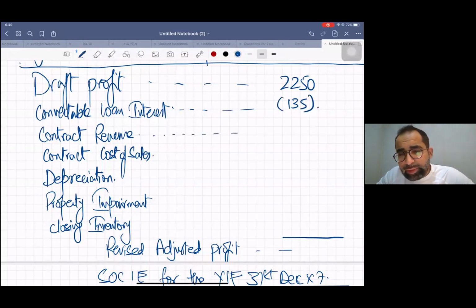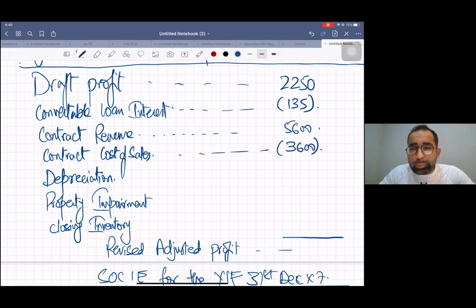In the second adjustment, you booked an extra contract revenue of 5600 and an extra cost of sales of 3600. I told you at that time you had two options: add 5600 less 3600, or directly adjust 2000. Both options are equally right.